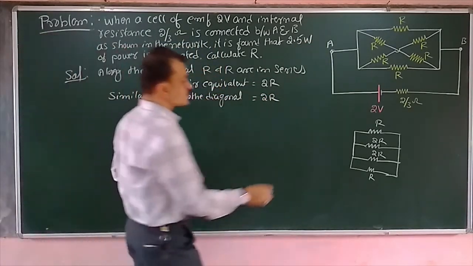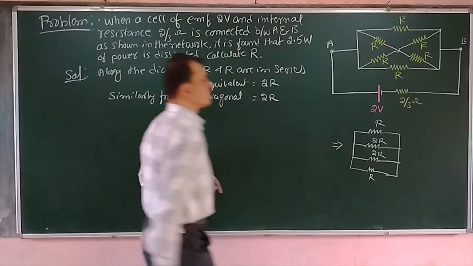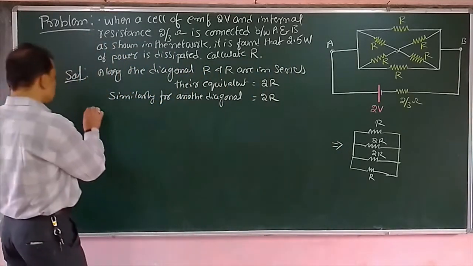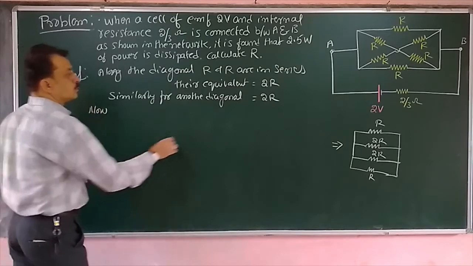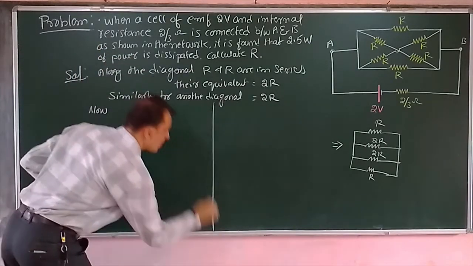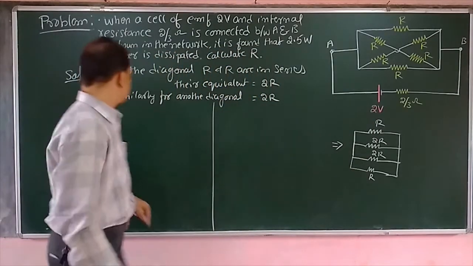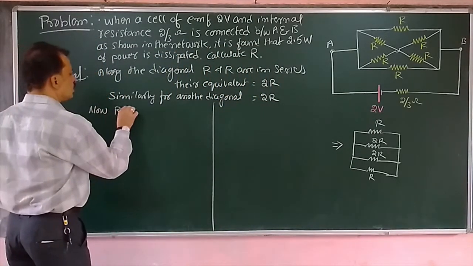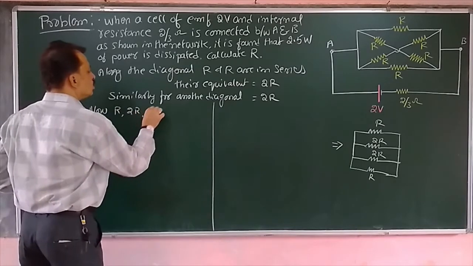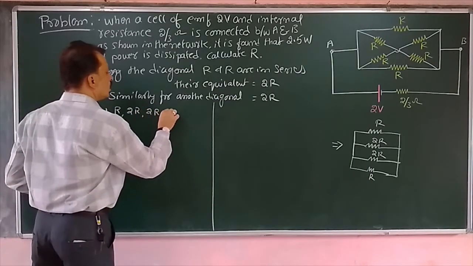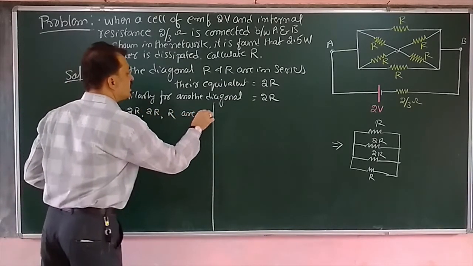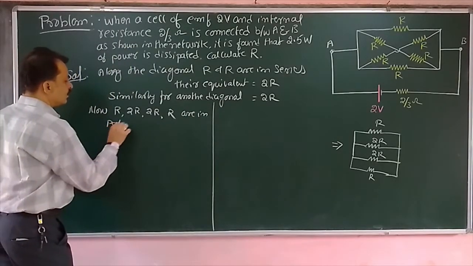Now that circuit reduces to like this. Now these four resistors, they become parallel. Now R, 2R, 2R and R are in parallel.